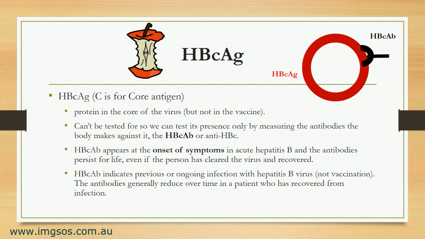So the tricky thing with core antibody is that it helps us determine whether this patient's response is due to vaccine or virus. What it doesn't tell us necessarily is when that virus was. So a core antibody level by itself just tells you that at some point this patient has seen the hepatitis B virus. Now, there is another way around that though.